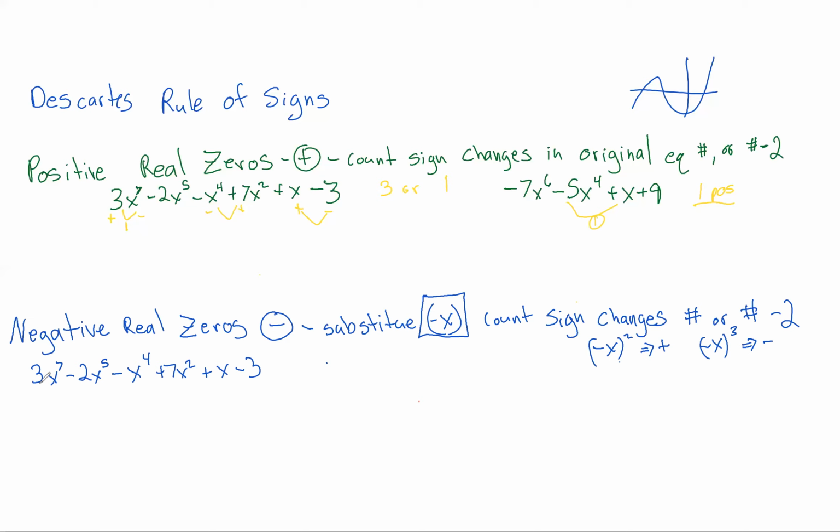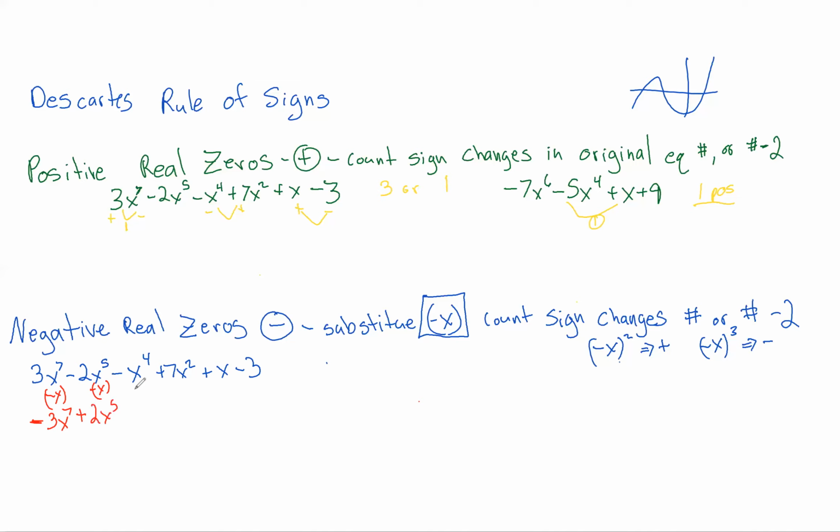We've got a positive. If we put negative x in for the 7th, we're going to end up with a negative. So this becomes negative. Again, if we put negative x in for this x to the 5th, it's going to be negative. So negative and a negative becomes positive 2x to the 5th.